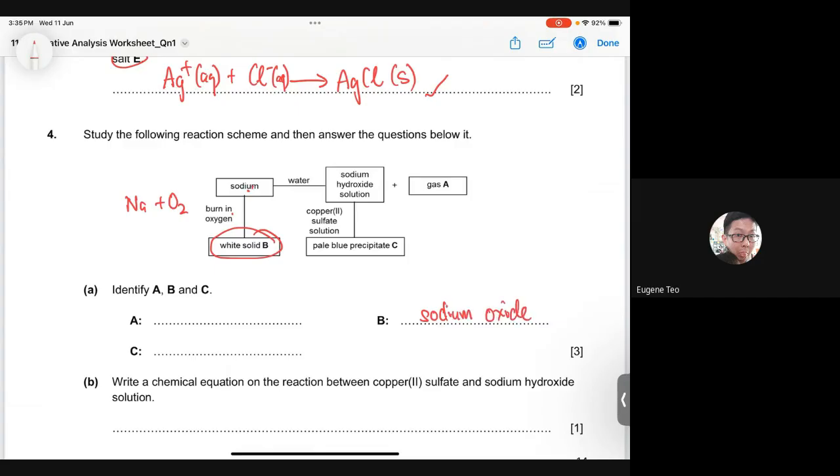Next, sodium plus water. Never learned before. You're going to learn this in the chapter of reactivity series, I think chapter 14 or 13, can't remember. When I have metal plus water, not metal plus acid, I'll get actually alkali, plus this gas over here, which is hydrogen gas.